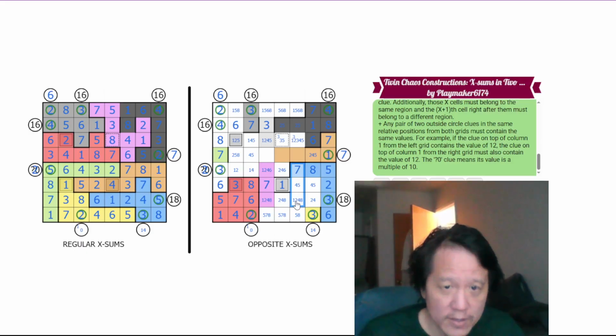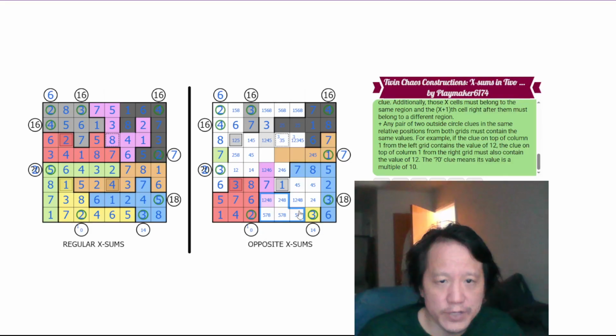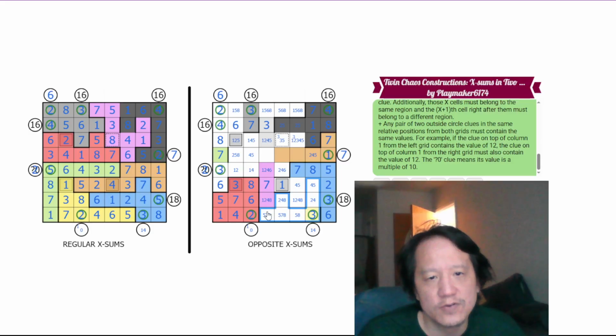The problem is there are 2 8s in this set of 6, so one of them has to go this way. So it can't be pink here if we go 4 1 here, because then we have 1 2 3 4 5 6 7 cells left.